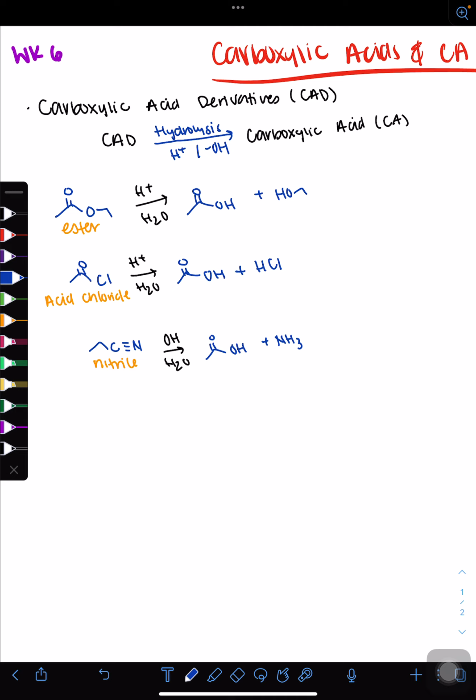We could keep going with, let's say, an acid anhydride. And we reacted that with an H plus, H2O. You get two equivalents of the carboxylic acid.